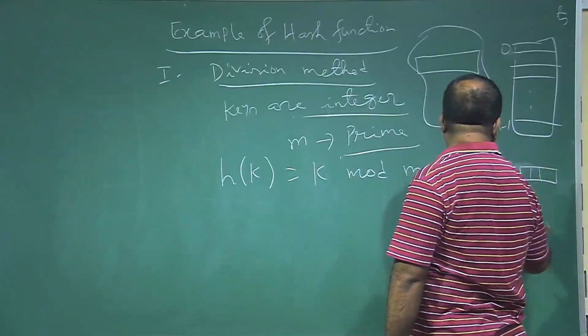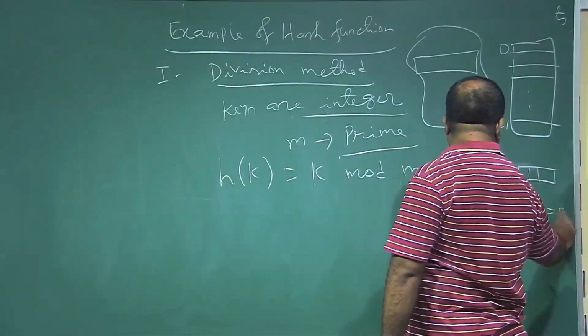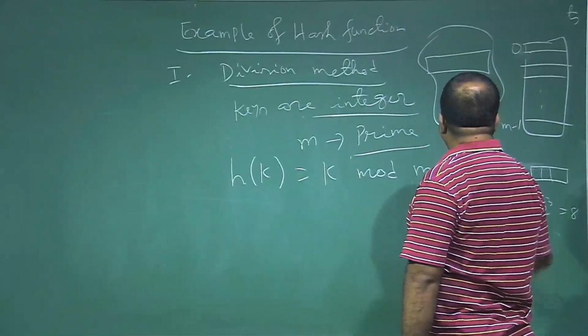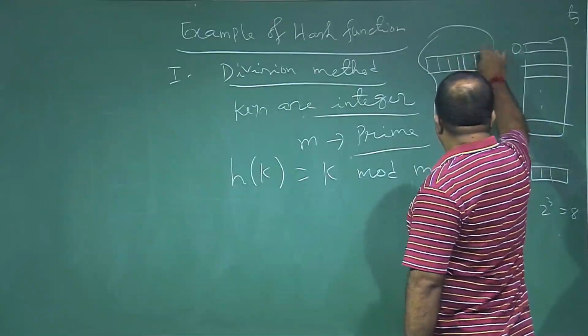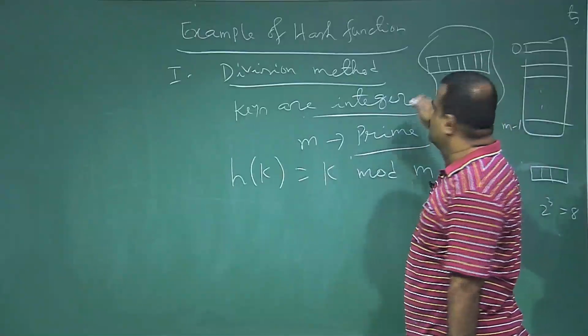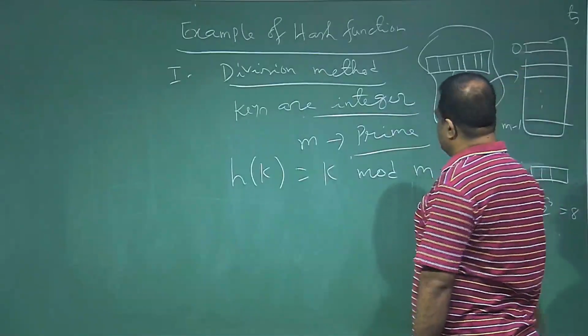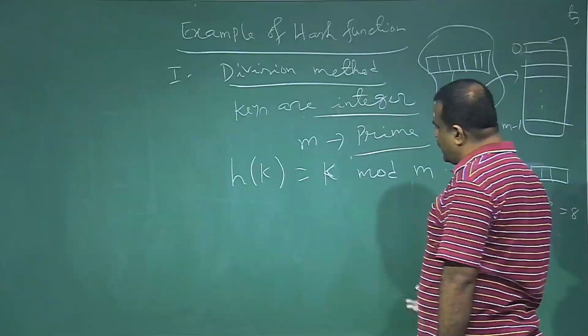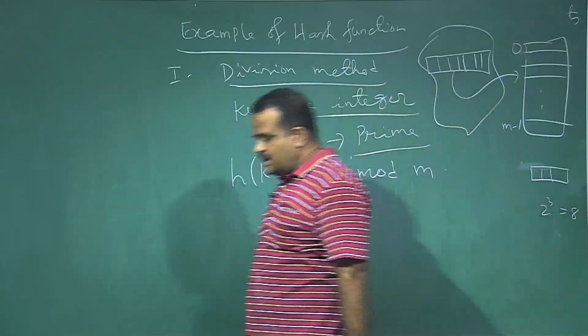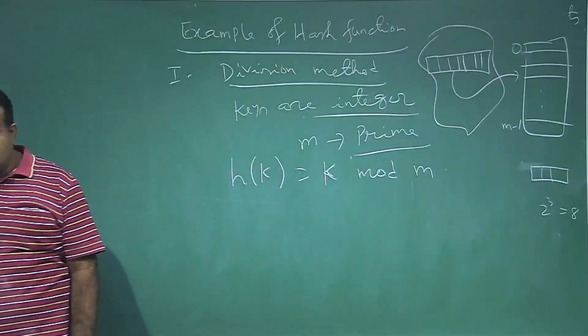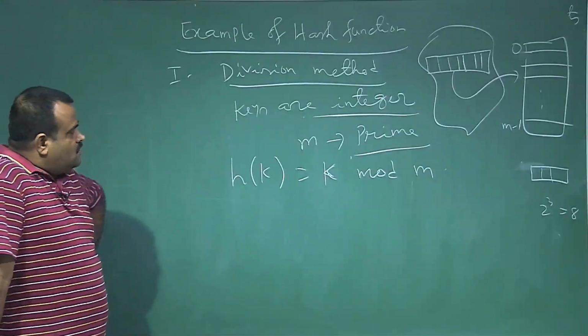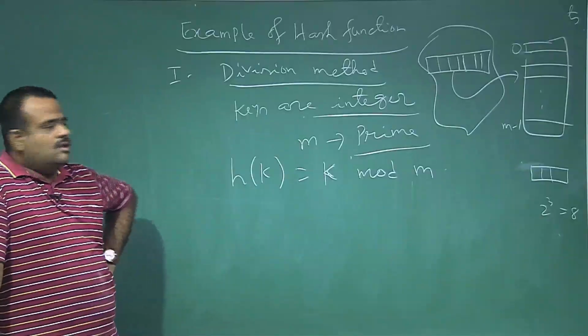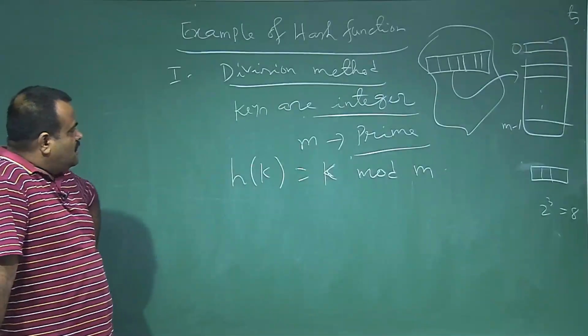That means the maximum value of m is 2 to the power 3, and k could be any size, 32 bit, any length integer. So we just map it into the fixed size. This is the mod operation. If you take k mod m, it will give us a remainder, an integer from 0 to m minus 1, so it will hit a slot there. So, this is the division method.